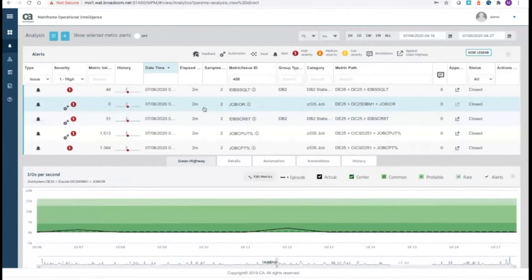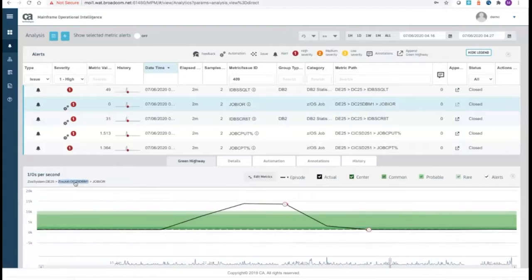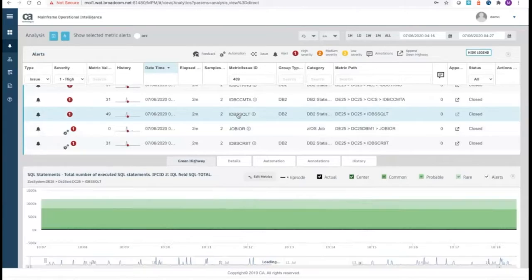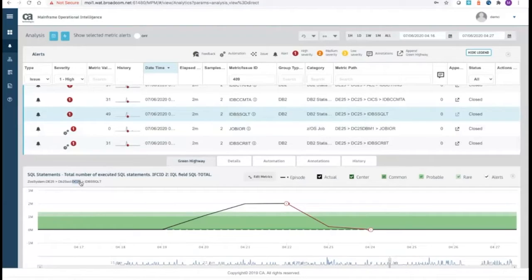The next alert talks about CICS, and this is the CICS address space where the job IO per second increased at about the same time. The next one in the list is talking about the total number of SQL statements executed in the DB2 subsystem called DC25, and looks like there is a spike found around the same time.